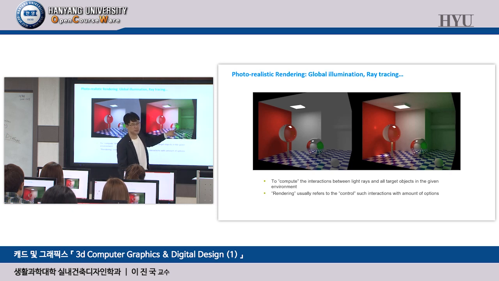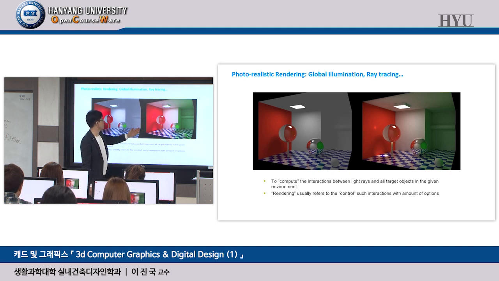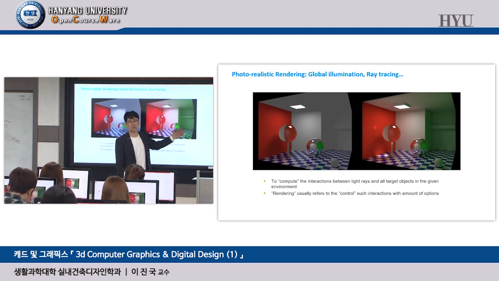Take a look at the reflection: red, white, green. But this one isn't affected by green color because it is not global illuminated. This one is global illumination based rendering, ray tracing based rendering.